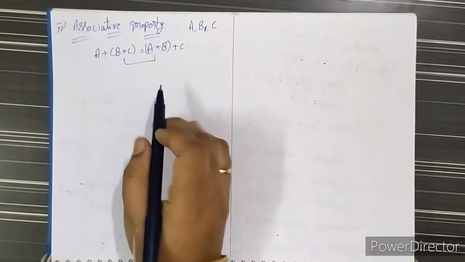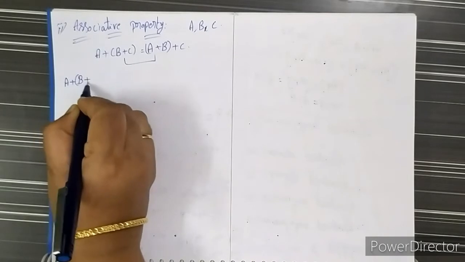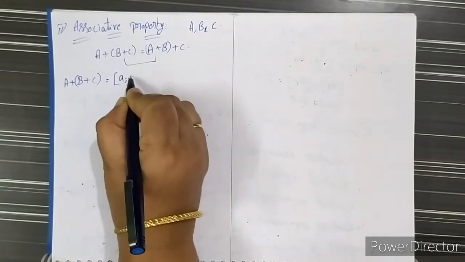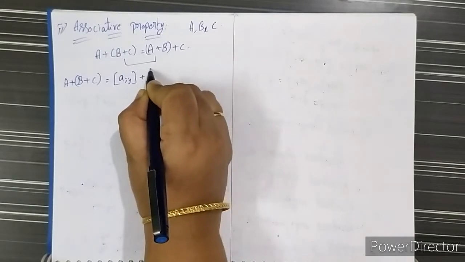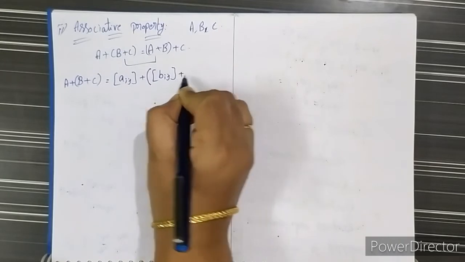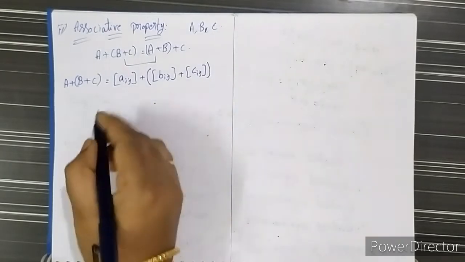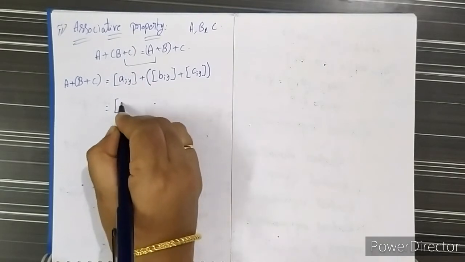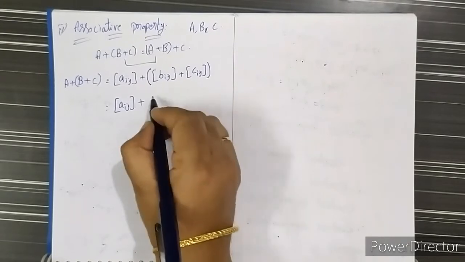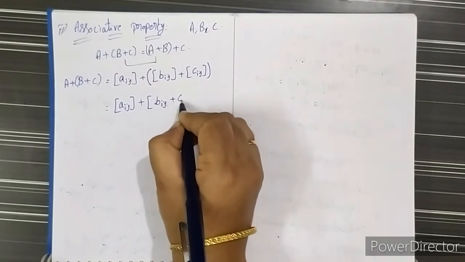For that we can prove A plus (B plus C) is equal to, in general form, A means Aij plus B means Bij. In the same way, we can take C means Cij. That equals Aij plus, by using the addition of matrices, we can write it as Bij plus Cij.